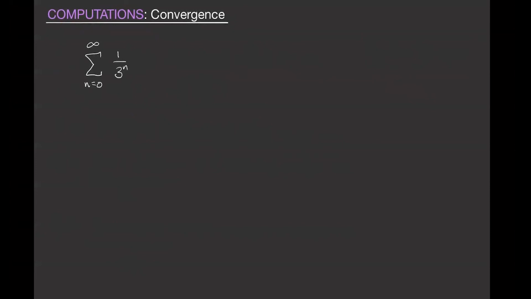What do you guys think about this one? Convergent, divergent, why not? What are your thoughts? And again, only I'm going to see it and I'm not judging. I'm just curious what you think.